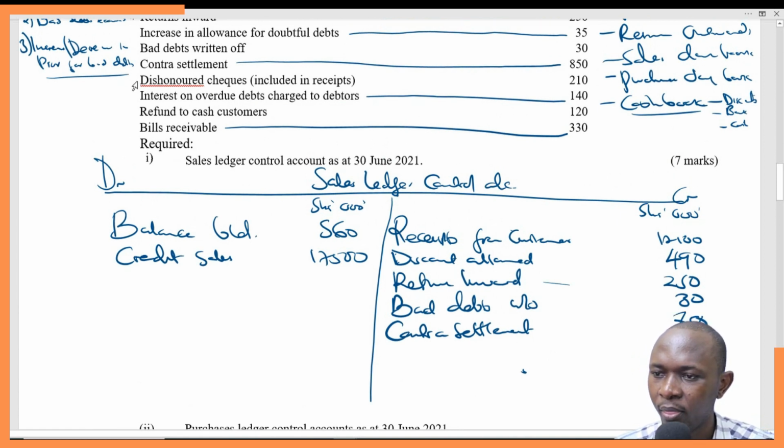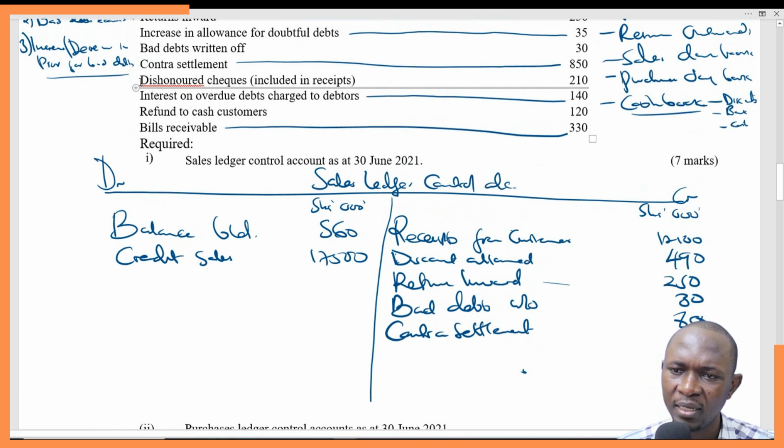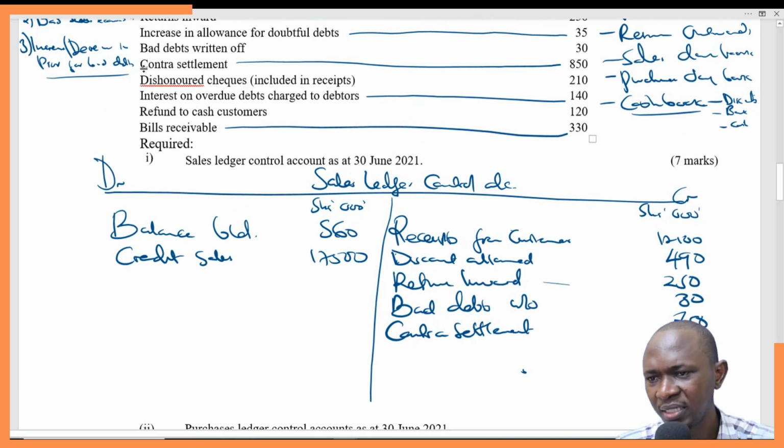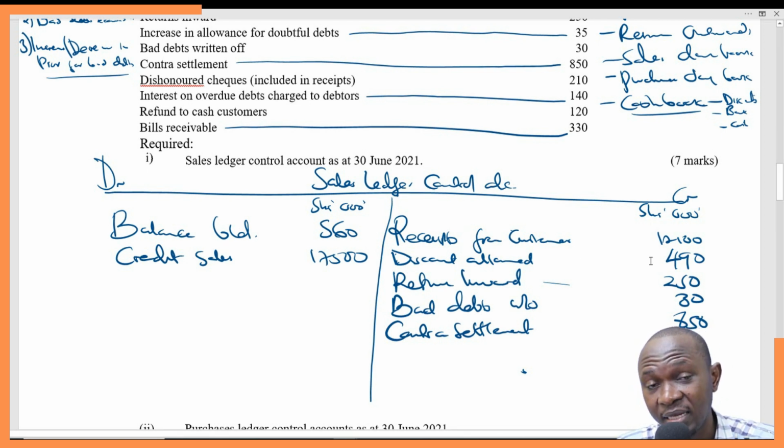And then the dishonored checks included in receipts. Dishonored checks, they had been paid. Any payment, when the customers pay, they are reducing their liability, and it will appear on the credit side.